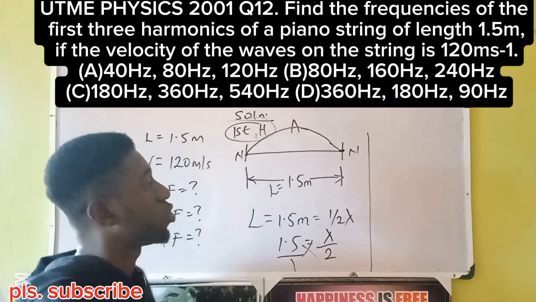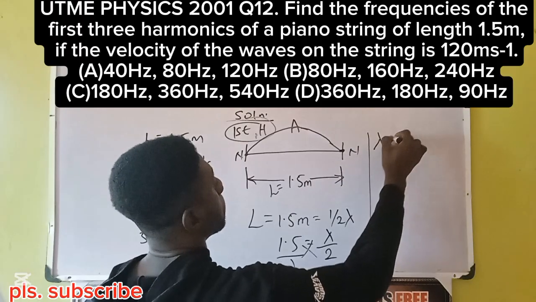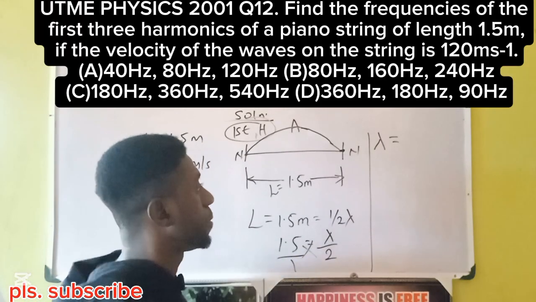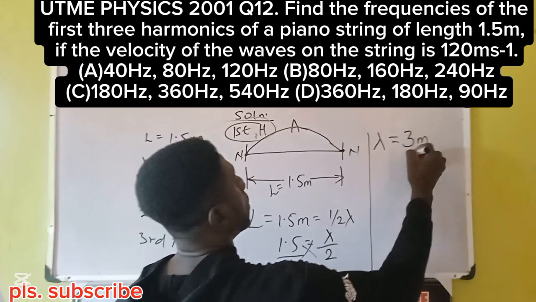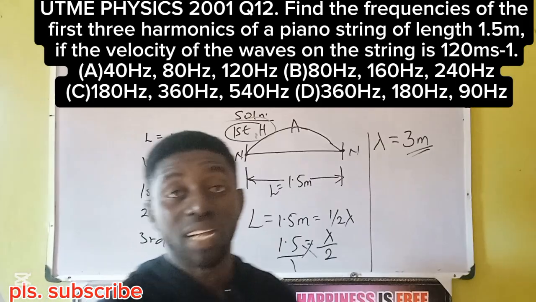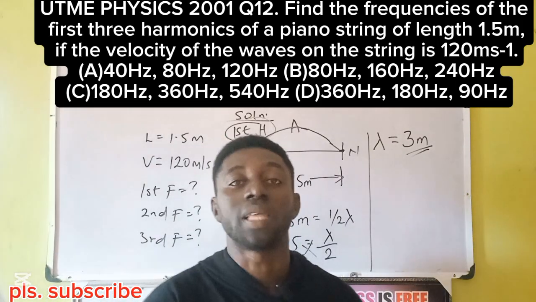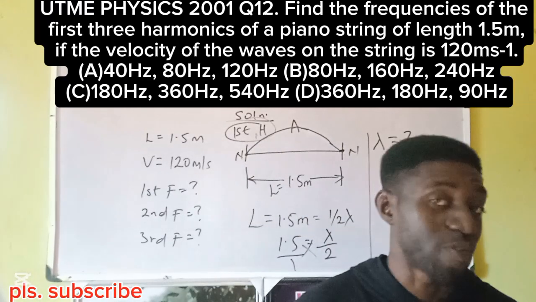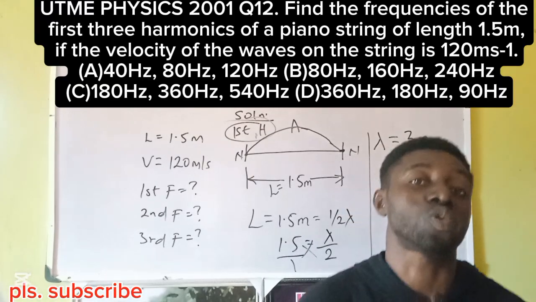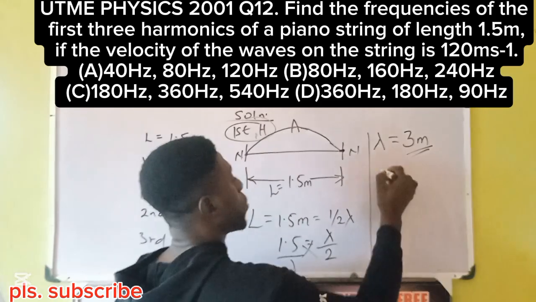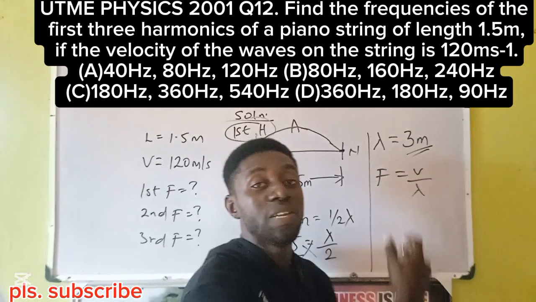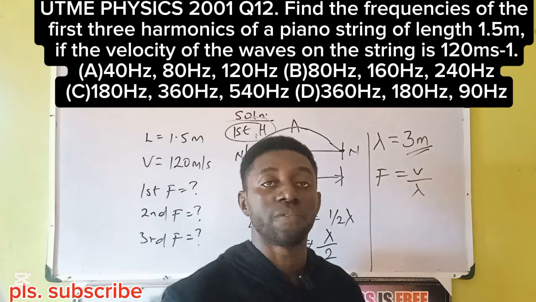Our wavelength times 1 is wavelength. 2 times 1.5 gives me 3. Recall, wavelength is horizontal distance, so it takes the unit meter. We've gotten our wavelength, but recall, we are actually looking for frequency. Harmonics is vibration. So to get our frequency, frequency is equal to V over wavelength. This is how we find frequency in waves.